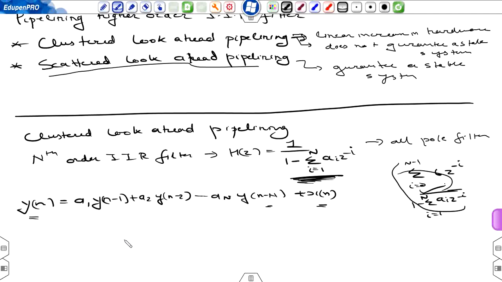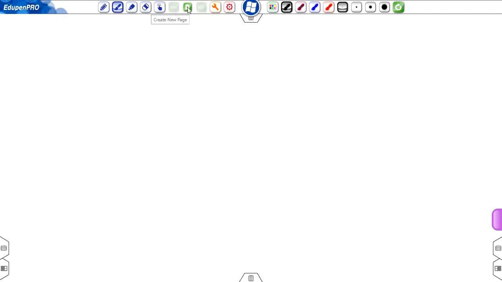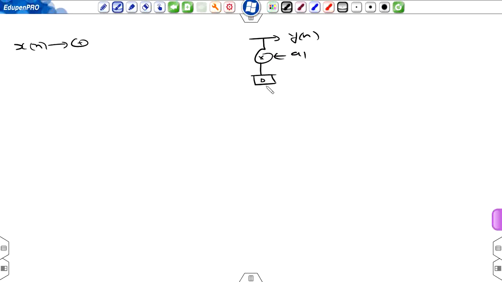The block diagram representation for this is given by x(n) given to an adder, and let's say this is y(n), that is multiplied by a1, delayed by 1 clock cycle and given to the second adder.